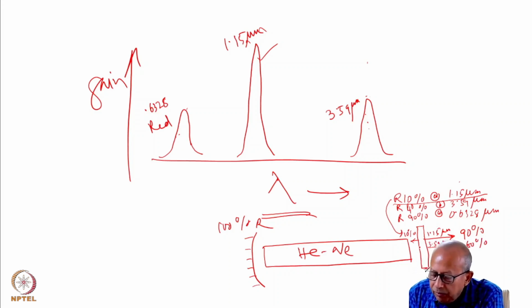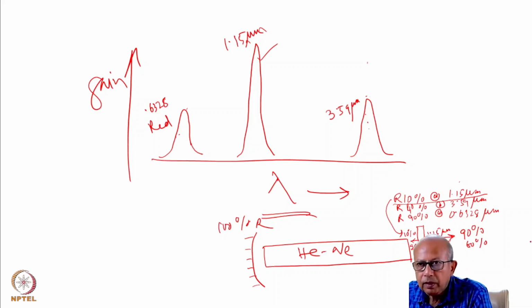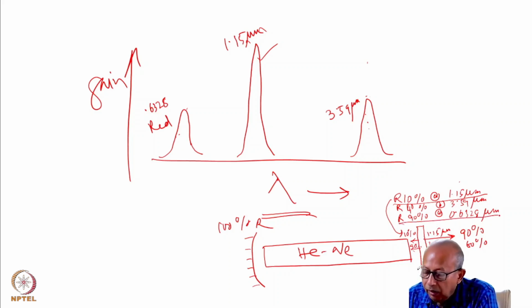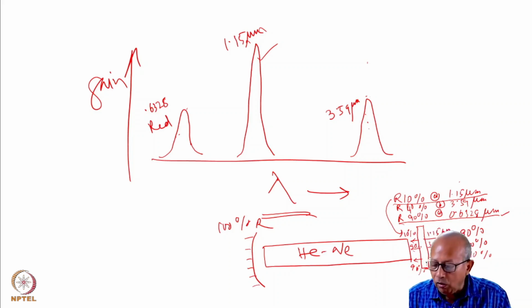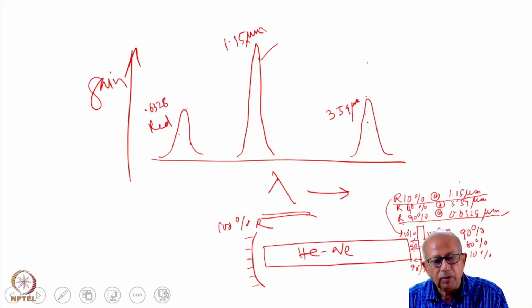That means 60% of the light which grows inside the cavity at this wavelength is lost. And for the red light, at 0.6328 micron, it transmits only 10%. Only 10% of the light is lost from the cavity and 90% is reflected back. Therefore, for this wavelength, the cavity has the least loss. For the other wavelength, the cavity has maximum loss.